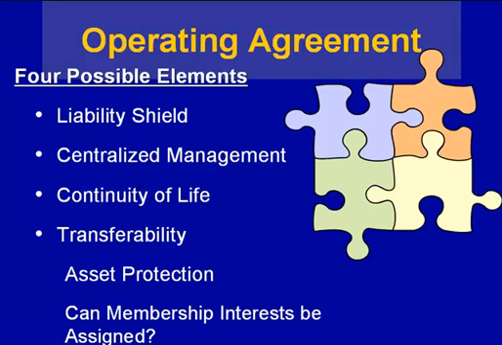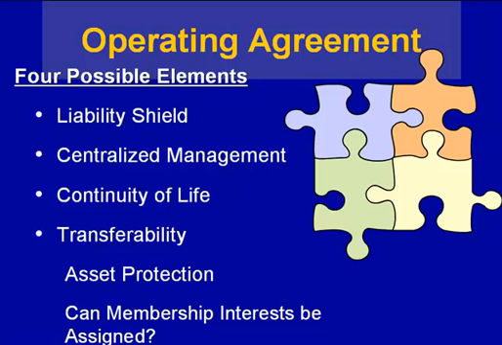That means you have officers and directors, and they don't have to be owners, stockholders of the company. You have continuity of life, which means that if one of the members or one of the stockholders die, the company doesn't terminate. And you have transferability. You can sell and buy stock in the company, the corporation.